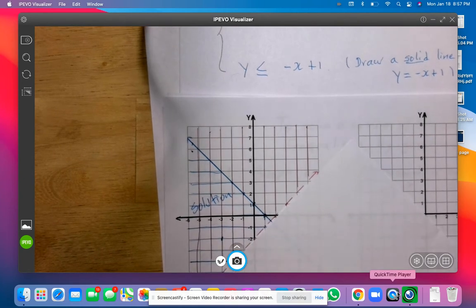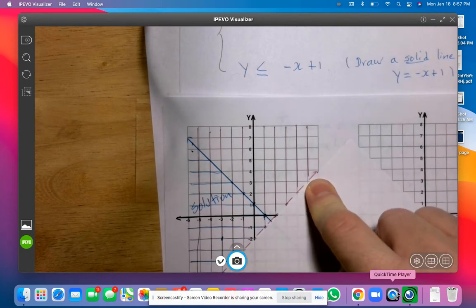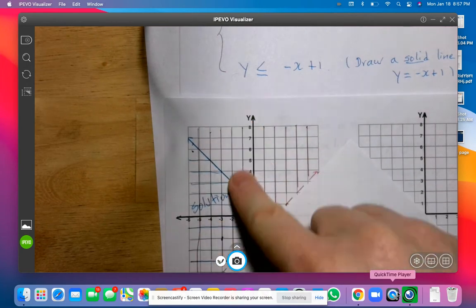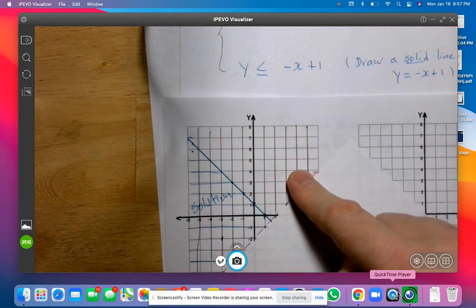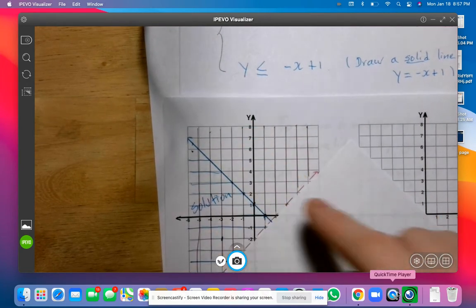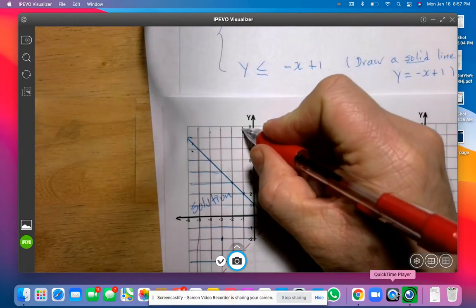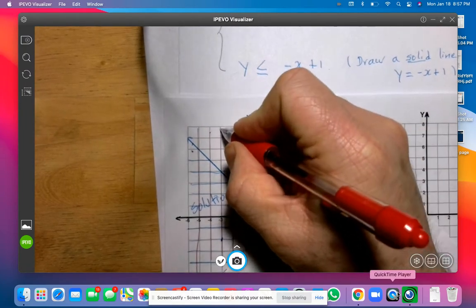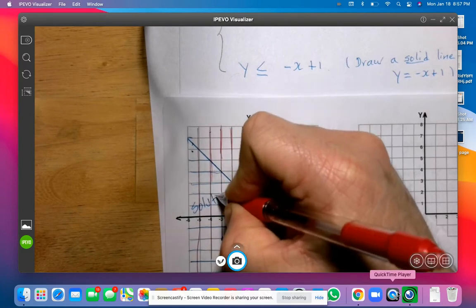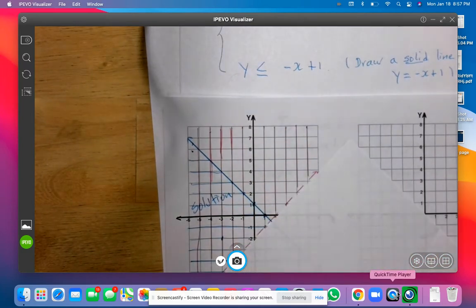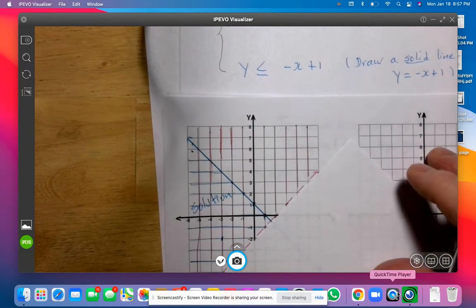So I draw that line, it's a dashed line, and I shade in red. It's probably hard to see with vertical lines right here. So all of this part which is above the line is shaded in red.